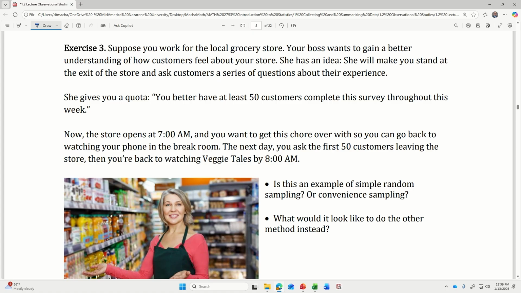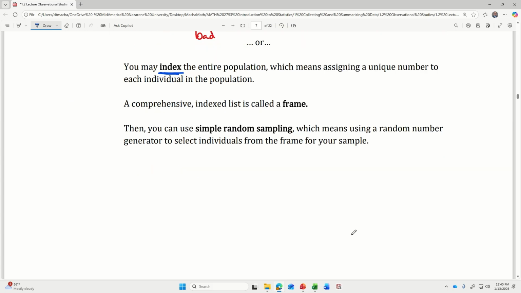What would it look like to do simple random sampling in this case? How would you actually do that? Just go around the store instead of waiting at the exit. Really, what you would need to do for simple random sampling is to have a frame, right? That's the first step in simple random sampling: you've got to have your population and index them so that you have an index list called a frame.